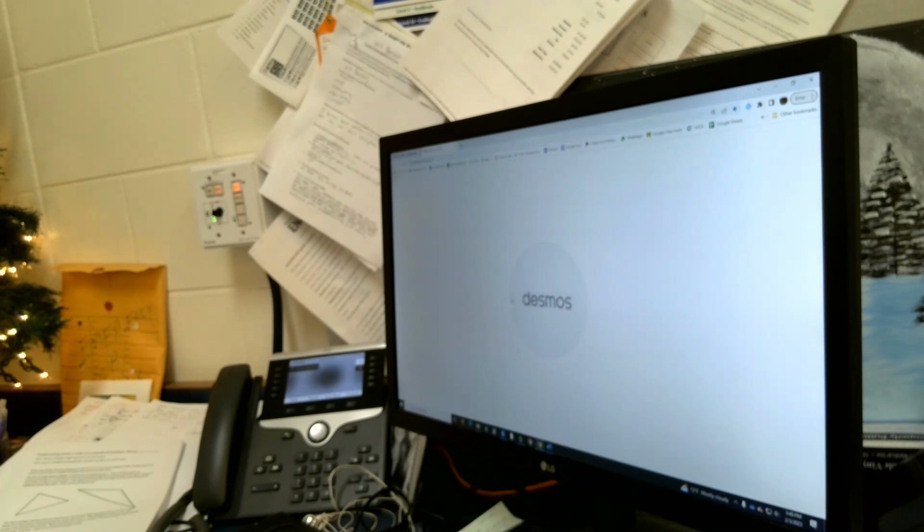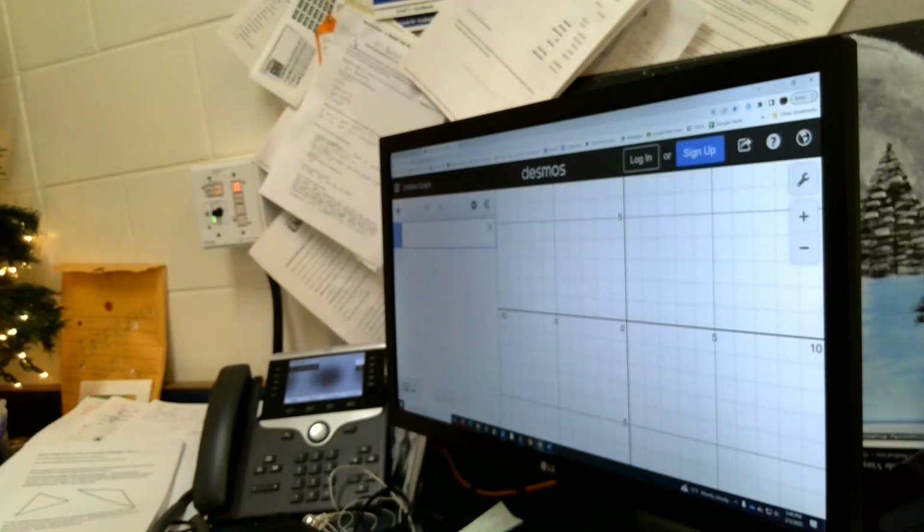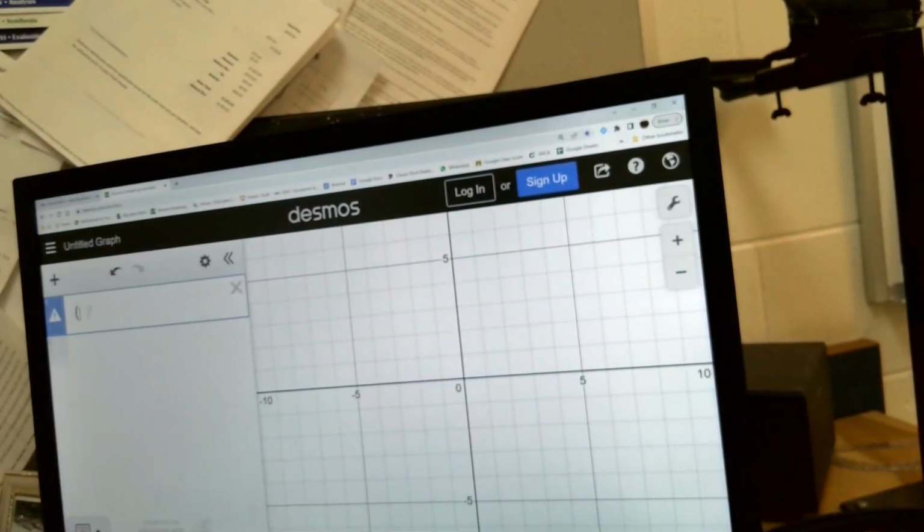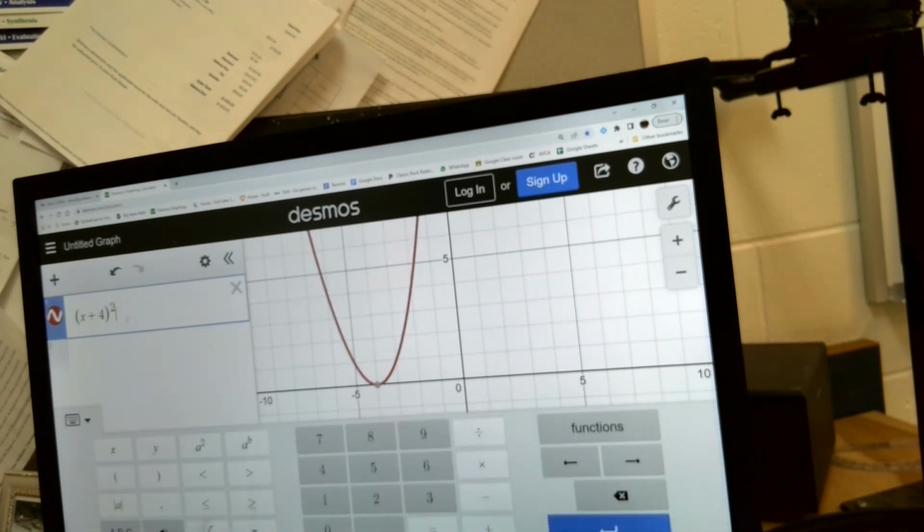Desmos, and I'm going to put in that last one, so shift parentheses, a better view of that, parentheses, x plus 4, parentheses, down here, use the little keypad, squared, plus, parentheses, y plus 3, parentheses, squared, equals, and this was 25.